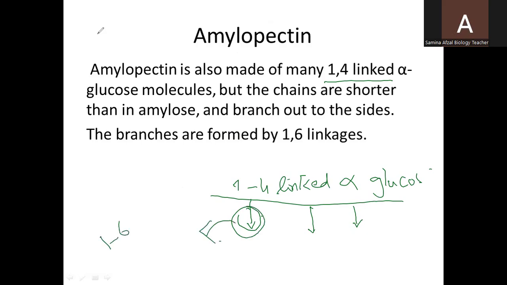There will be 1,6 linkage. 1,6 linkage means carbon number 1 of one glucose will join with carbon number 6 of another glucose. In this way, a branch structure will be formed.